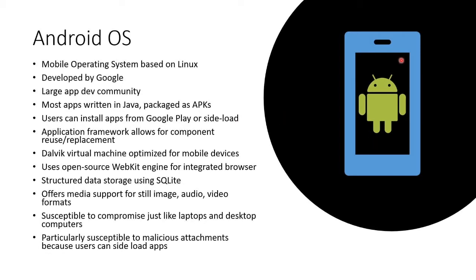When you run apps in Android, they run as Java virtual machines, specifically Dalvik Java virtual machines. The Dalvik VM is a type of Java VM that is optimized specifically for mobile devices. They use an open source WebKit engine for an integrated browser. All data is stored in a little tiny SQLite database.